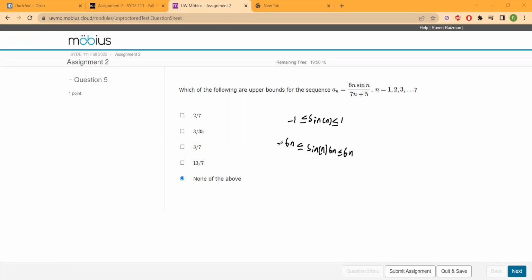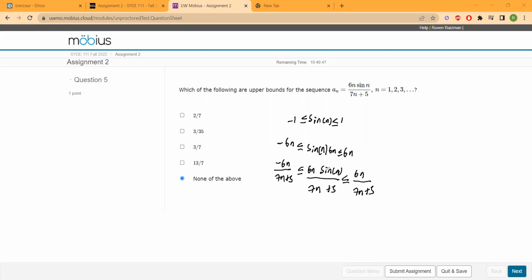Then we're just going to divide both sides by 7n plus 5. So negative 6n over 7n plus 5 is smaller or equal to 6n sine n over 7n plus 5, which is smaller or equal to 6n over 7n plus 5.